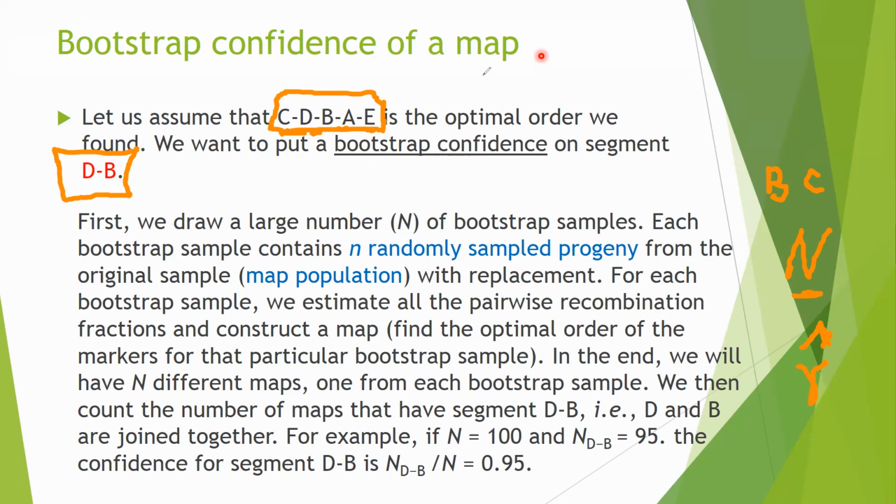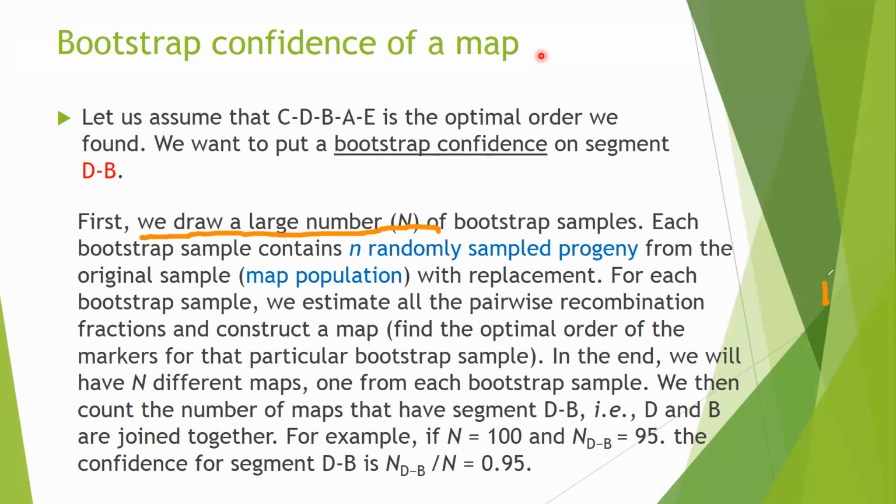So what we can do is draw a large number of resamples. Remember, the total sample size is n, but we can do the sampling with replacement. We can draw a lot of resamples, the first one, of sample size n.